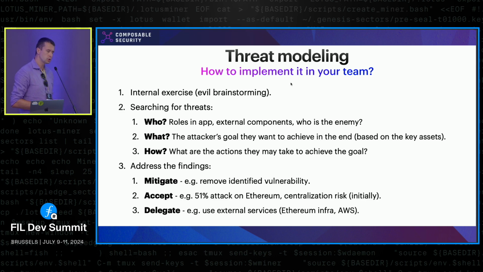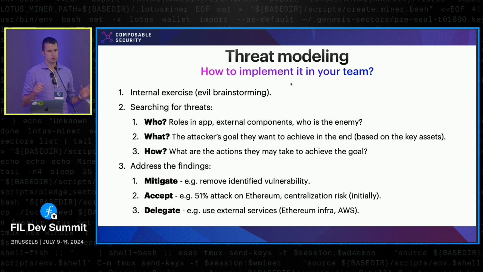Then you have to ask yourself, what is the thing that they will try to achieve? What are the key assets that you want to protect, for example the funds of your clients? So the attacker would probably try to steal them or lock them or make your application unresponsive. So these are the goals.